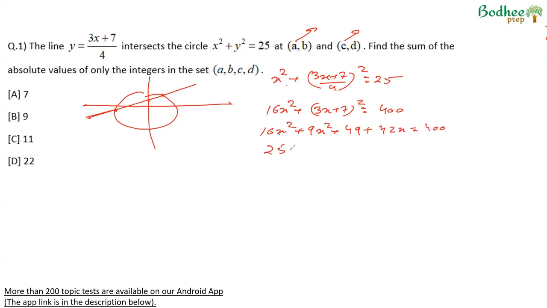So 25x square plus 42x minus 351 is equal to 0.